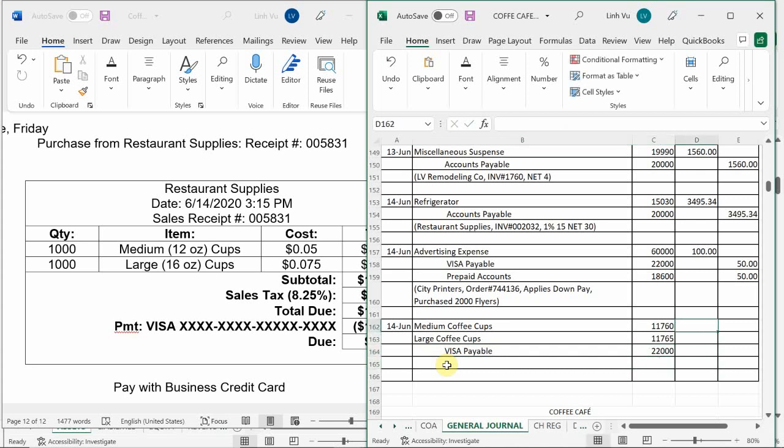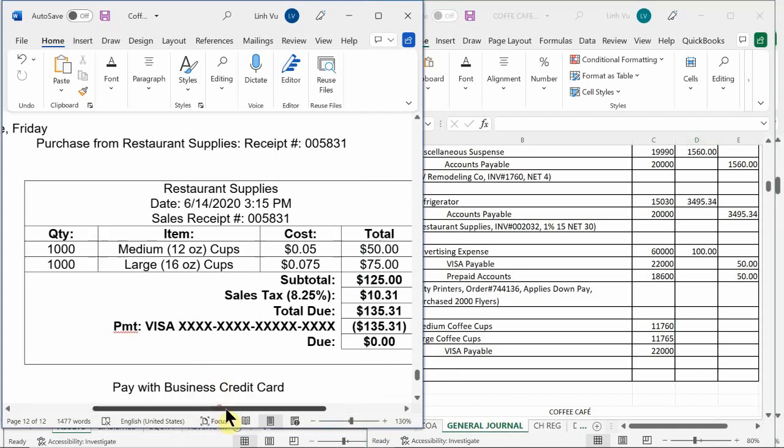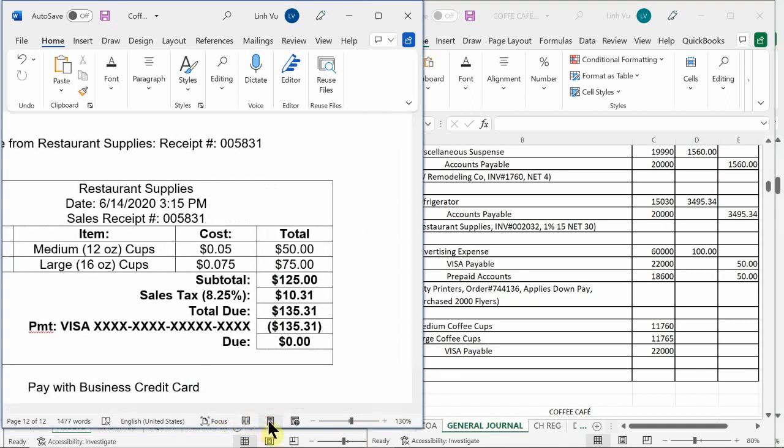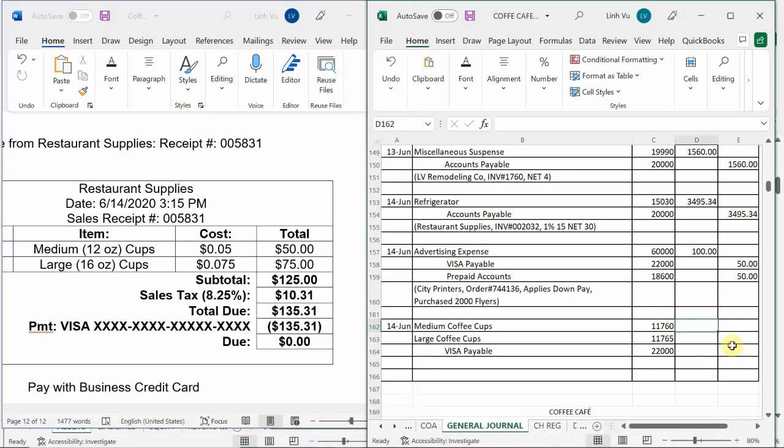Okay. So let's think about it, right? How much did I spend on my medium coffee cups?